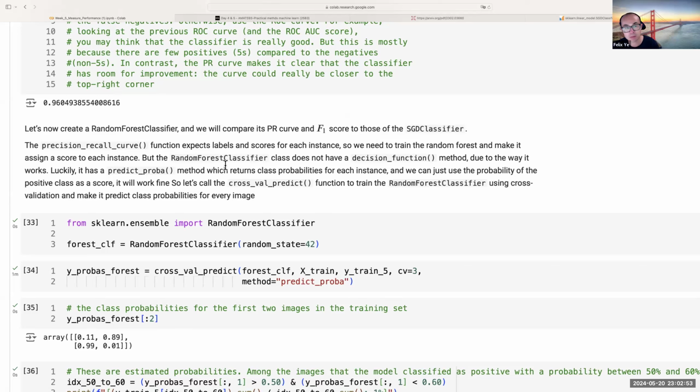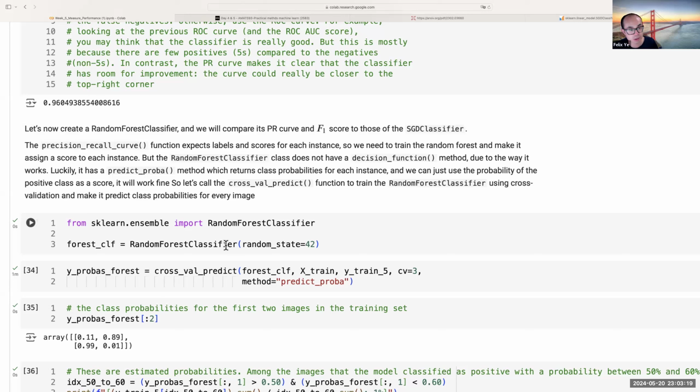We will talk about random forests a little bit later. But the random forest classifier doesn't have such a decision function, but it has the ability to predict probabilities as well. You can use this probability as a weight on the decision functions that we used before.